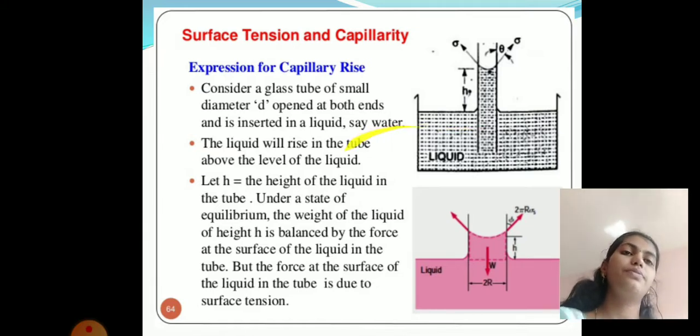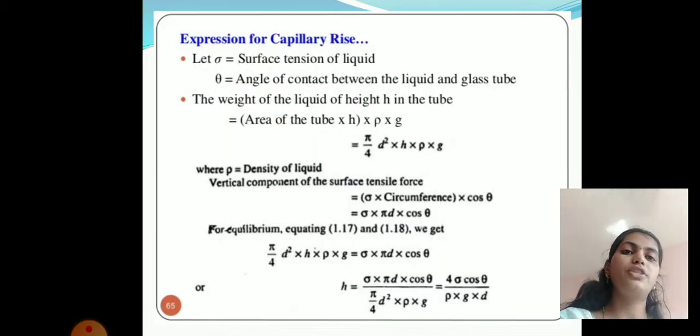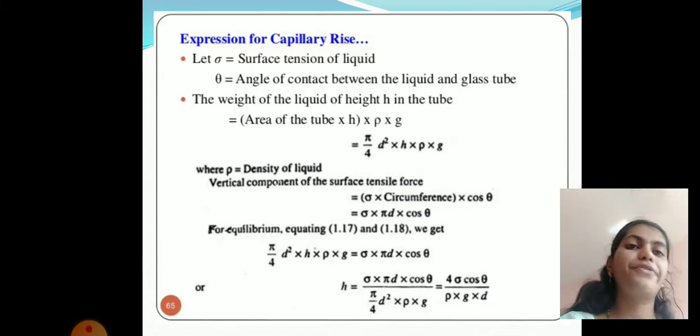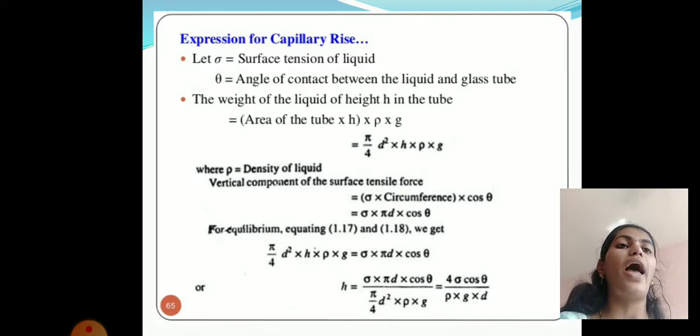Now the next one is expression for capillary rise. Let sigma be the surface tension of the liquid, theta the angle of contact between the liquid and the glass tube, and h the height of the liquid in the tube. The weight of the liquid is the area of the tube into h into rho into g.